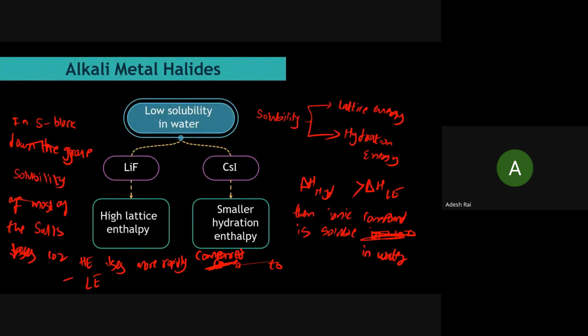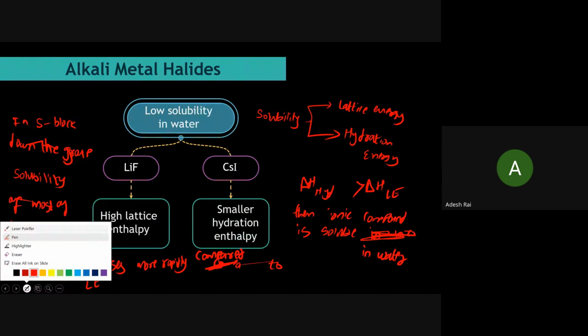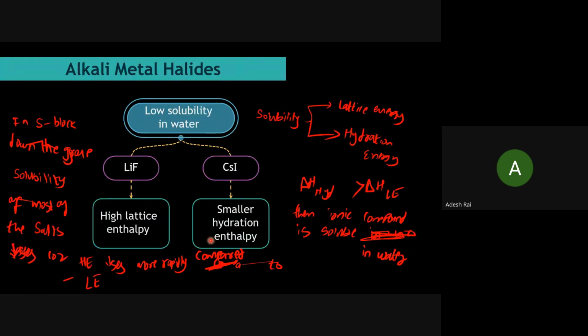Understood? But what about lithium fluoride? What I mean to say from this point is, cesium iodide, if you dissociate this, it will become cesium plus and iodide minus. Now, what about hydration enthalpy? Just now we studied that hydration enthalpy is directly proportional to charge, inversely proportional to size.